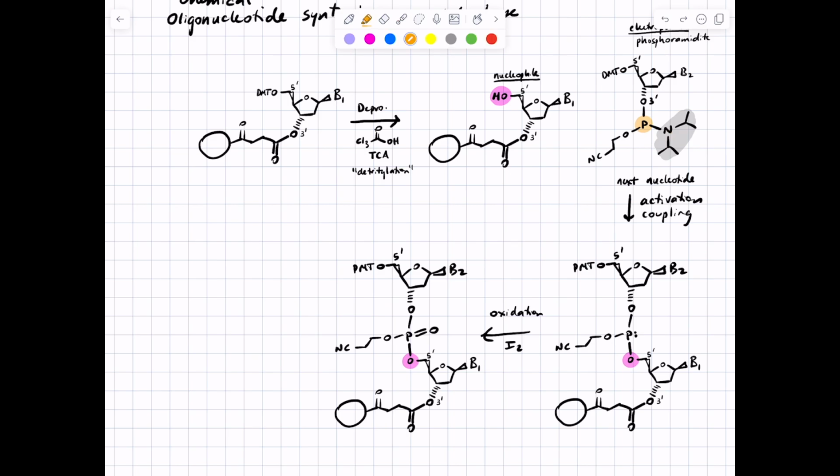That new bond is sort of illustrated here. And now you can see something that begins to resemble a phosphodiester. This functional group is a protecting group for the negatively charged phosphodiester backbone.